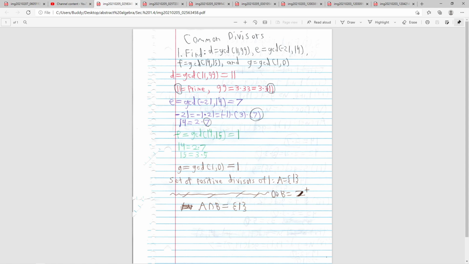It'll be 0, but it's still dividing by something. Since we only care about positive divisors, we have all of Z plus. So the intersection of these sets is obviously just 1.